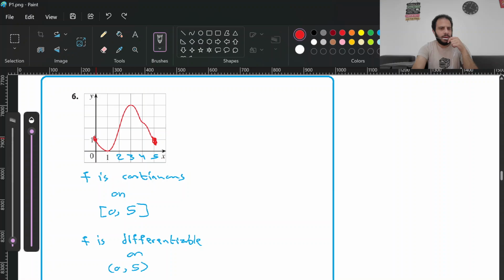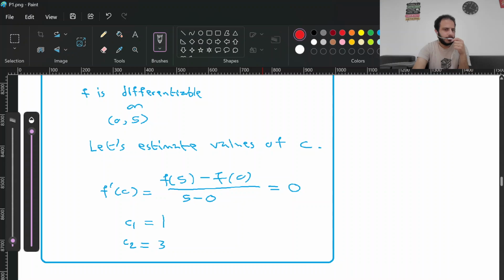If they are equal, then the conclusion is that there is c such that f prime of c equals 0, right? Yes, it's satisfied because see here you have a horizontal tangent, right? And here at 1 you also have a horizontal tangent. So you have solutions 1 and 3, right? Yes.